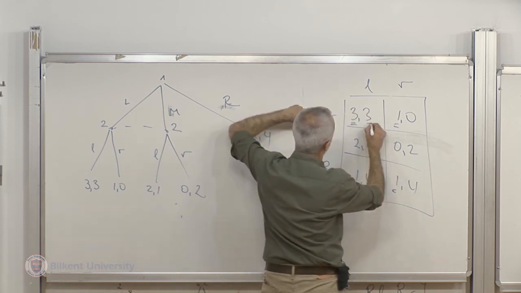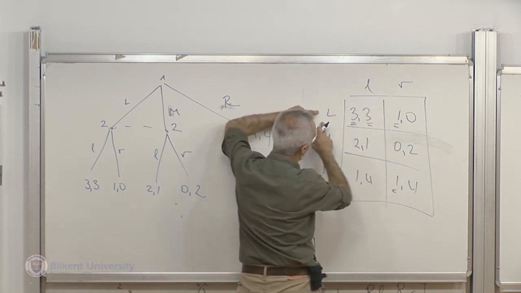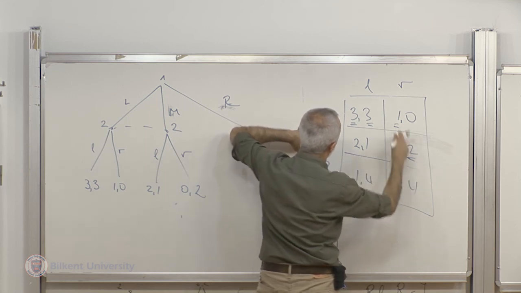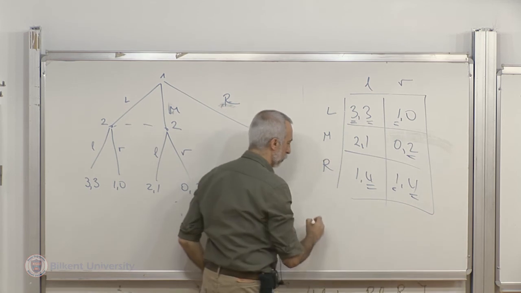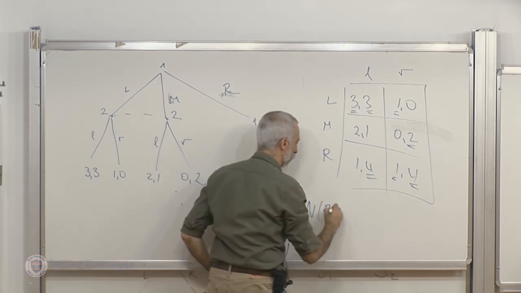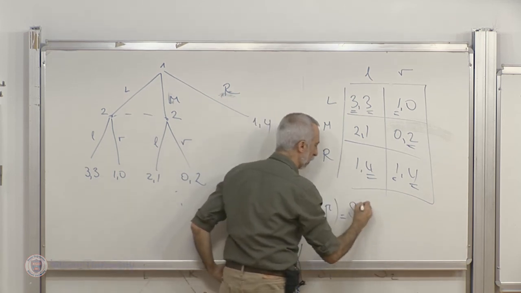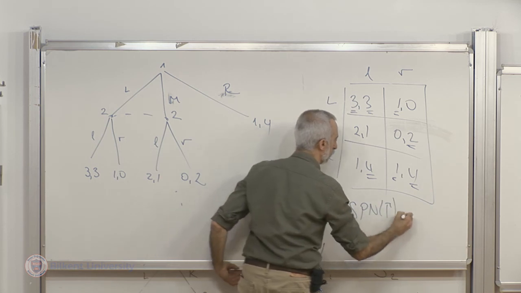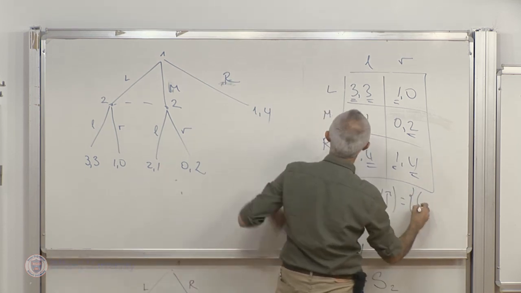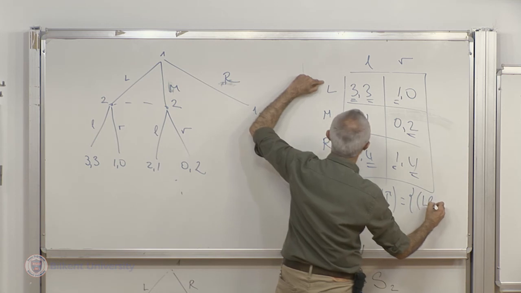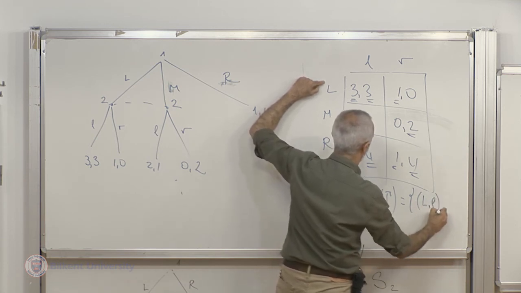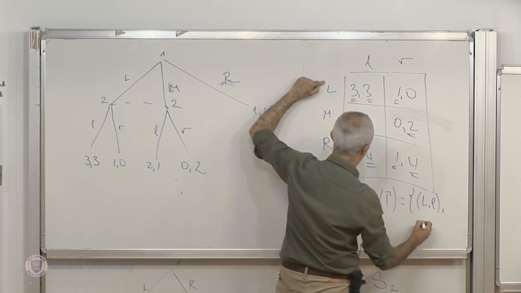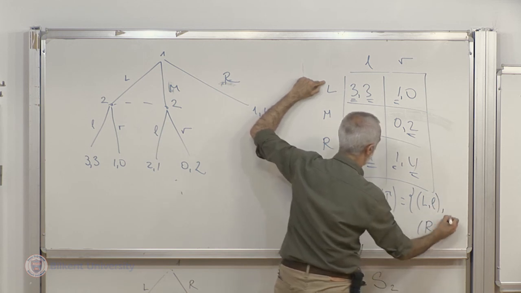And for player 2, small l is a best response to capital L, small r to capital M, both of them. So the set of Nash solutions of this game, which is the same as the subgame perfect Nash solutions of this game, are L, l, and R, r.